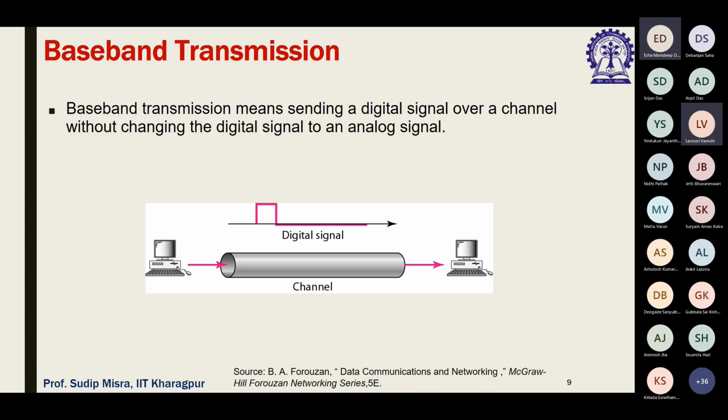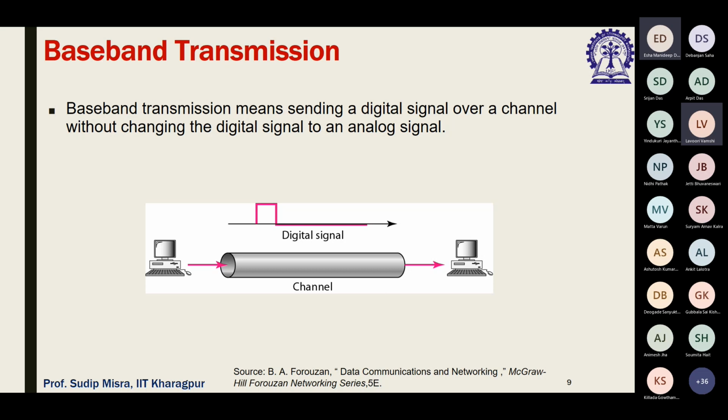So this low pass channel is required for baseband transmission. For baseband transmission, you need to have a low pass channel. A low pass channel is one with a bandwidth that starts from 0.